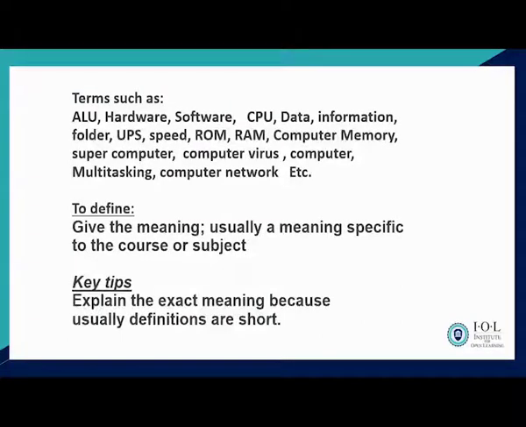So the examiner can see that you are able to bring out the differences between the two. However, if you give me only the definition, you only get maybe just 1 mark, because you have not really answered the question which says differentiate.